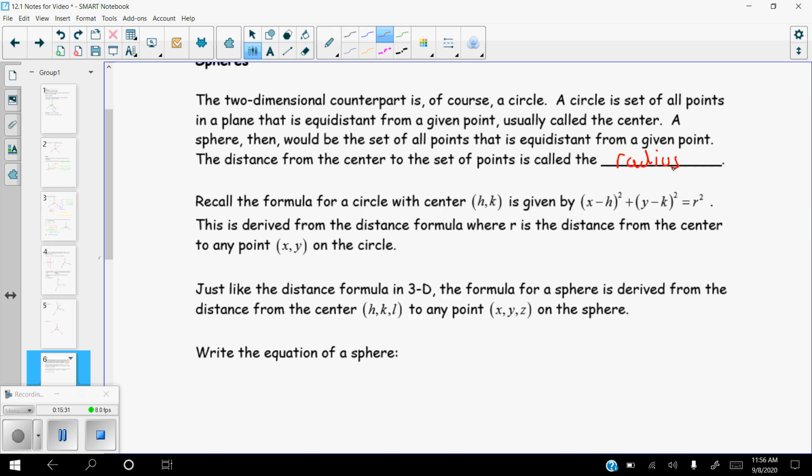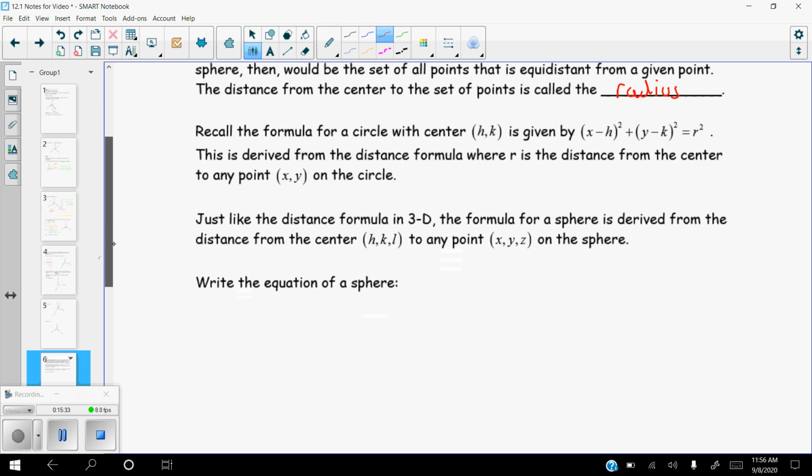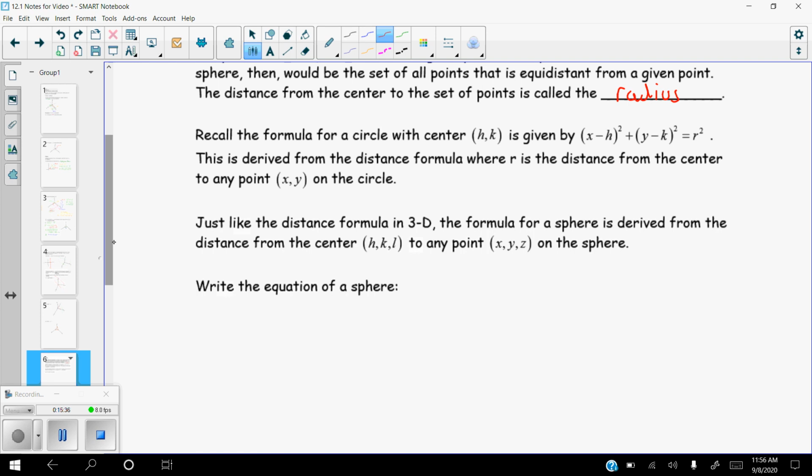So the distance formula is the equation of a sphere in 3 dimensions. So the equation of the sphere is going to be x minus h squared plus y minus k squared plus z minus l squared equals your radius squared. That is the equation of a sphere. Basically, it extends from the distance formula in 3D, so it's very easy to figure out.